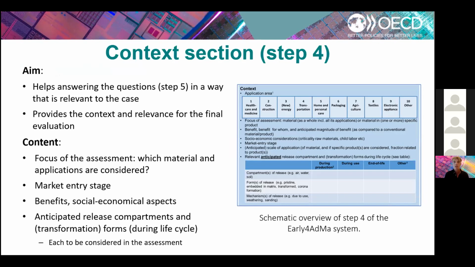So what is the material that you're looking at, but also what are the applications that are considered? Because you can imagine that the outcome, the issues, might be very application dependent. Further, you also report the market entry stage. And in this section, you can also explain what the benefits of the innovation and material innovation are. For example, is the material going to be used for improved insulation, etc. This really puts the innovation in a broader context.